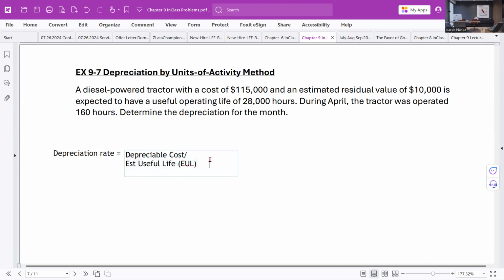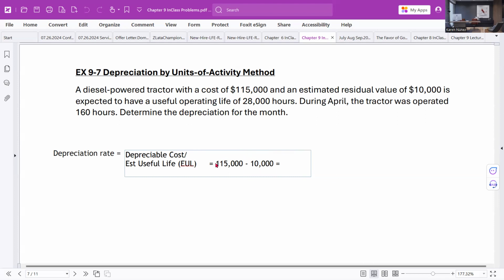So what have we got here? What we have here is a depreciable cost, which is the cost of the asset of 115,000 minus the salvage value of 10,000. And that ends up giving us a depreciable cost.